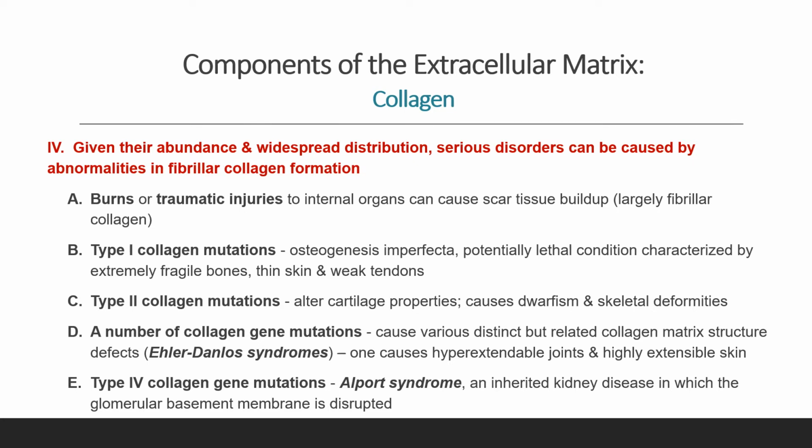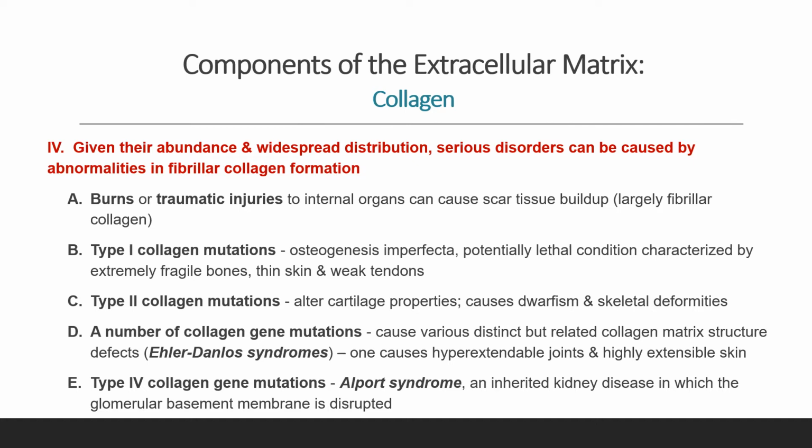Okay, and then a number of collagen gene mutations cause various distinct but related collagen matrix structure defects, such as Ehlers-Danlos syndrome, which causes hyperextendable joints and highly extensible skin. And then you also have the type 4 collagen gene mutation, like Alport syndrome.